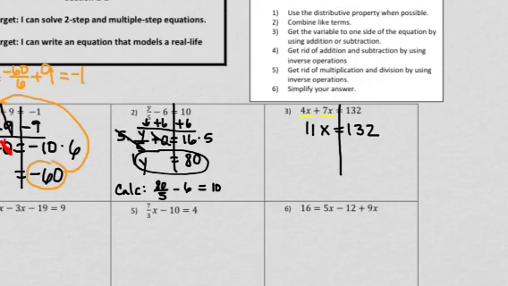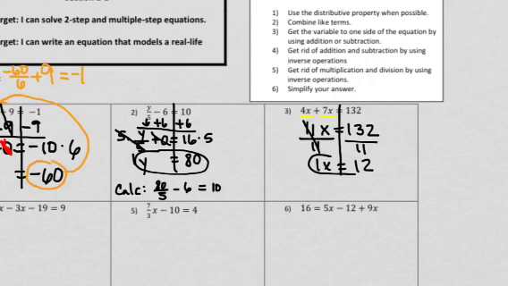And to get rid of multiplication, I do the inverse, which is division. And I show division in higher level math with just that fraction bar. So divide both sides by 11. 11 divided by 11 is 1, so I'm left with 1x is equal to 132 divided by 11, which is 12.